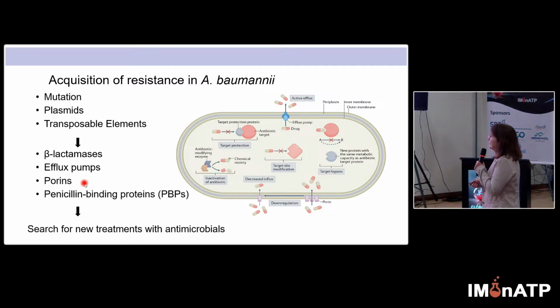The genes that are most responsible for resistance are beta-lactamases, for beta-lactam antibiotics, and efflux pumps, which are important not only for antibiotics but for getting different compounds out of the bacteria cells, and so they can also be used for efflux of antibiotics.